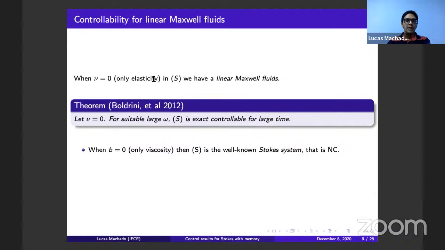When nu is equal to 0 in S, we have the linear Maxwell fluid, okay? And in this case, Boldrini, Doubova, Fernández-Cara, and Gonzalez-Burgos proved, for suitable omega and large time, that the linear Maxwell fluid is exactly controllable, okay? And when B is equal to 0, we have the well-known Stokes system, that is null controllable.